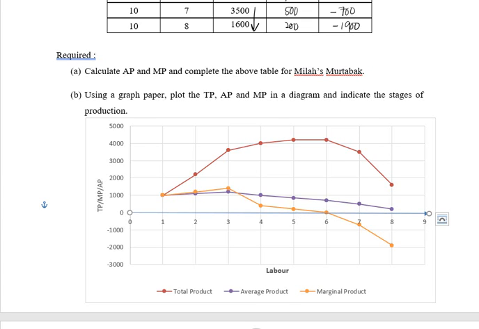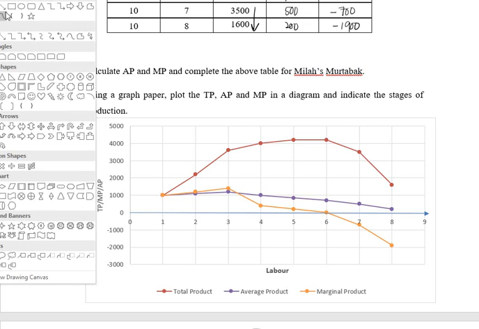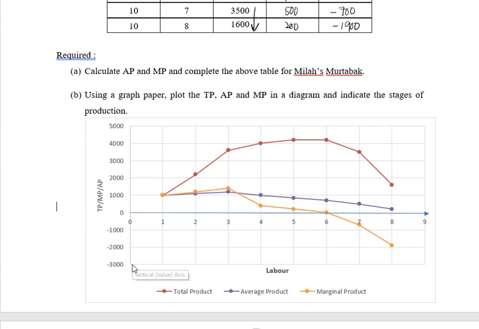Okay, and then you have total product, marginal product and average product on the y-axis. So let me put the axis so you can see clearly. Let's say you have plotted the total product, marginal product and average product in this one graph.